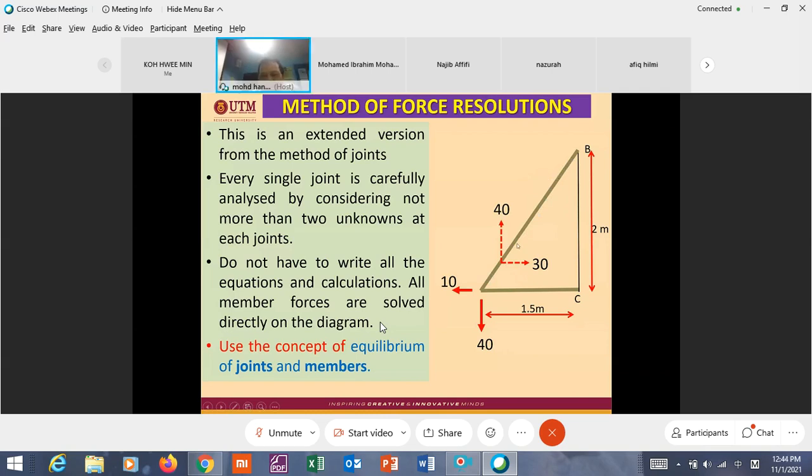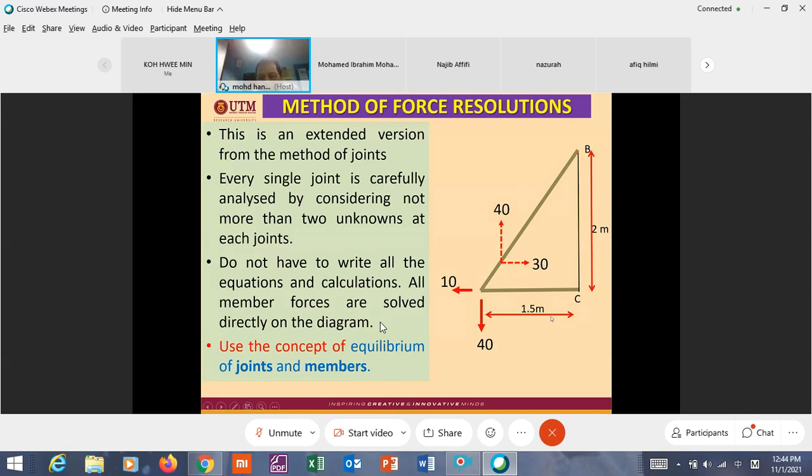I repeat, the resultant of 40 and 30 is collinear with the member. Or, in other words, for the resultant of y and x to be collinear with this member, this force should be 30.